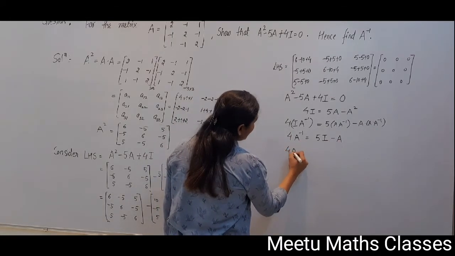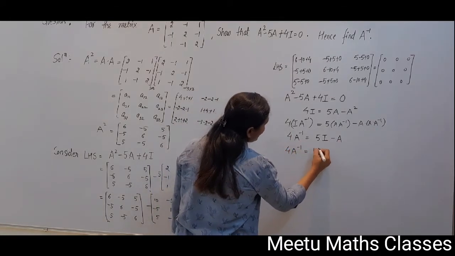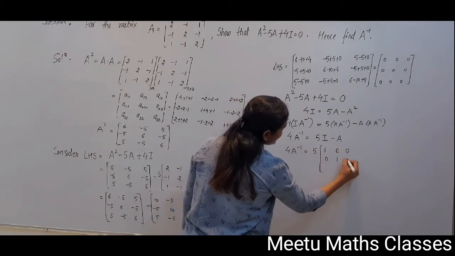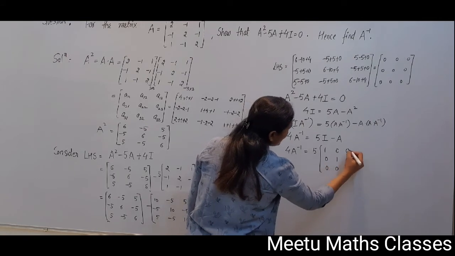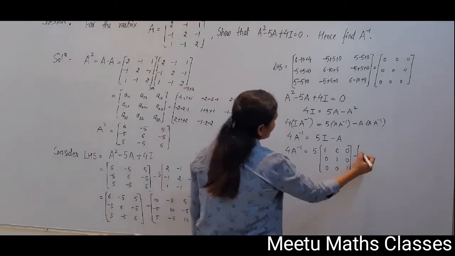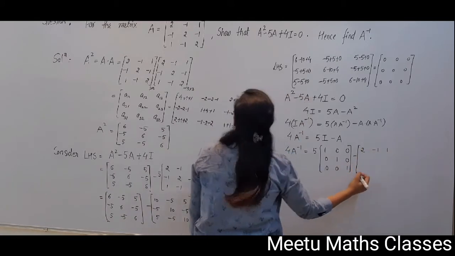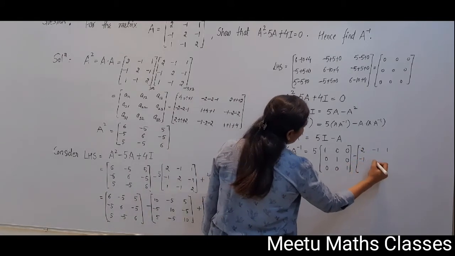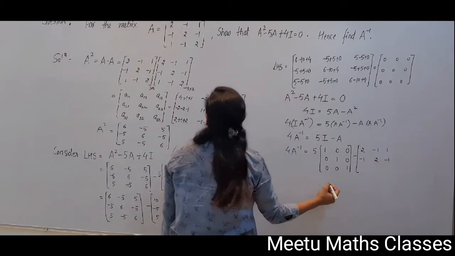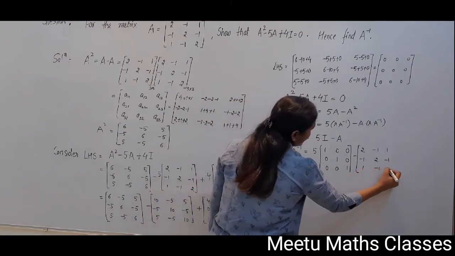So 4A inverse will come, identity matrix is 1 0 0, 0 1 0, 0 0 1, minus A matrix, which is 2 minus 1 1, minus 1 2 1, minus 1, and this is 1 minus 1 2.